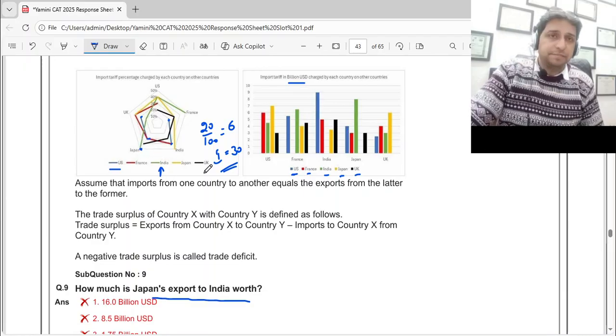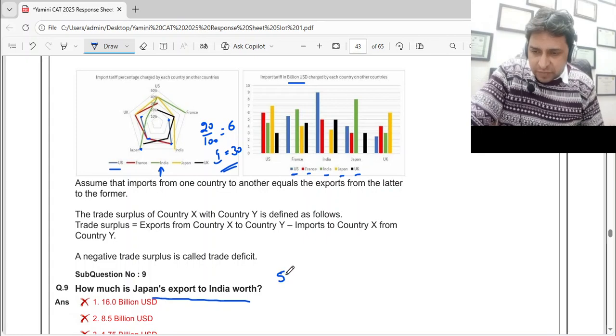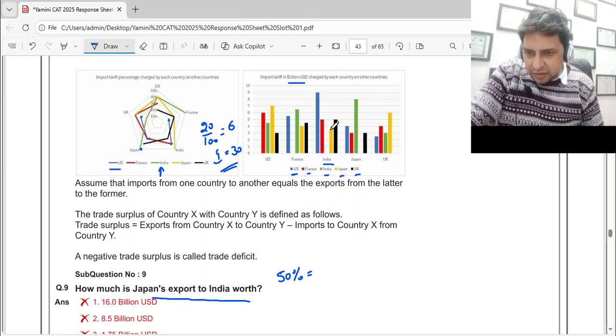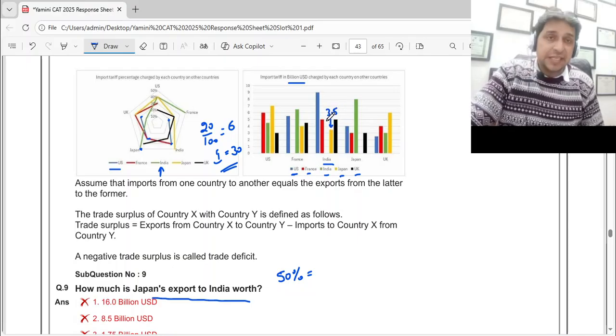Big amount. This 50% which they are paying is equal to what value? India, Japan, this is 3.5. That means India is taking 3.5 billion USD.